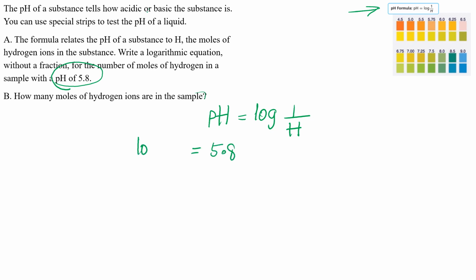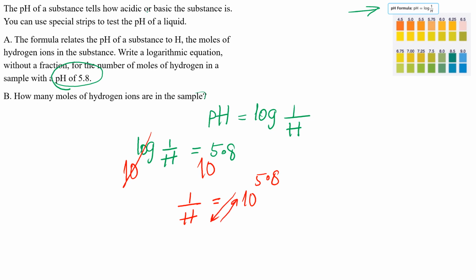So I write here log of 1 over H. In order to get rid of this log, I raise the power of 10 on both sides and I will get 1 over H equals 10 to the power of 5.8. Now, as I told you, I will interchange the places of H and 10 to the power of 5.8 in order to get the concentration of hydrogen.